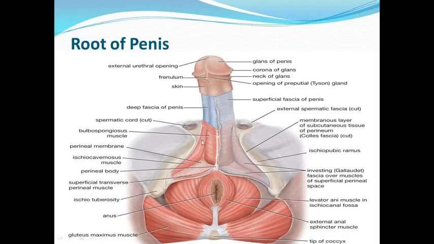Talking about the bulb, you can see the bulb is covered by a muscle called bulbospongiosus, and it is firmly attached to the perineal membrane.